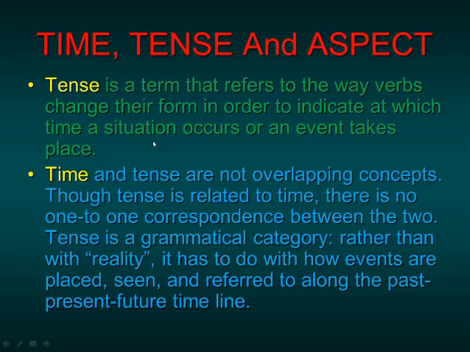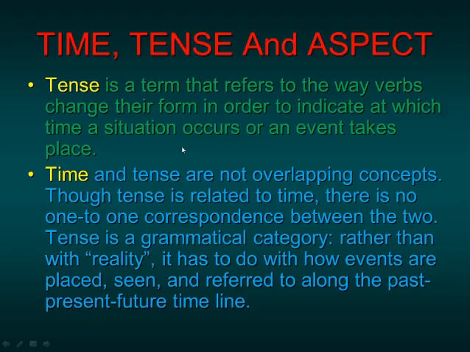So, what is the duty of a verb in a tense? The verb will always change its shape. For what purpose is it changing its shape? In order to indicate, to show the time a situation occurs or an event takes place. What is happening, and what is going to happen, will always change.